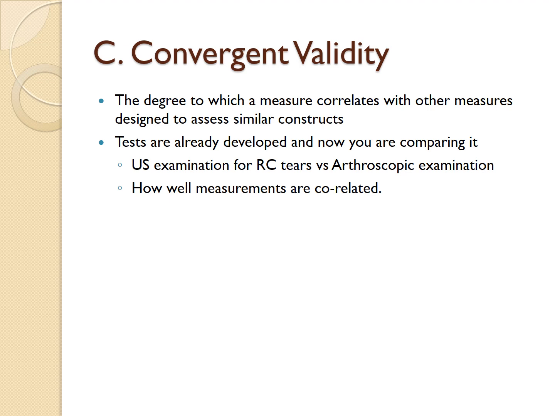You're trying to find out how well they arrive at the same conclusion, how well the measurements are correlated. Both the ultrasound examination and arthroscopic examination are done to assess the same construct, to see whether the findings are correlated or not, so whether they can arrive at the same conclusion or not.